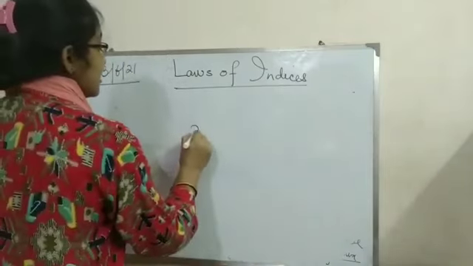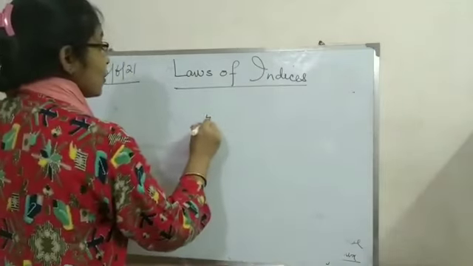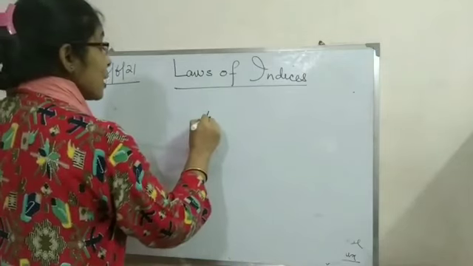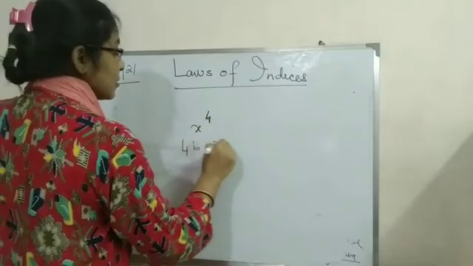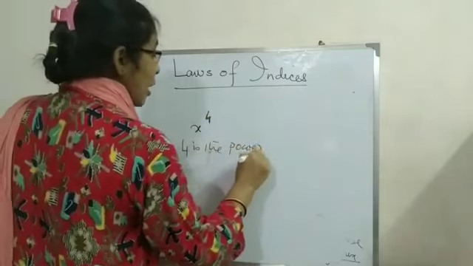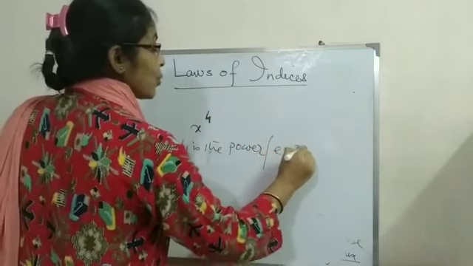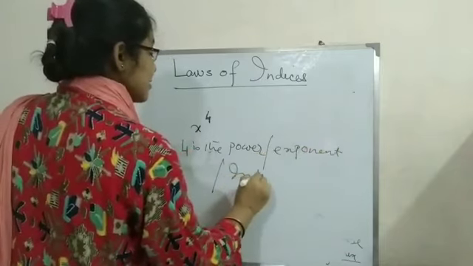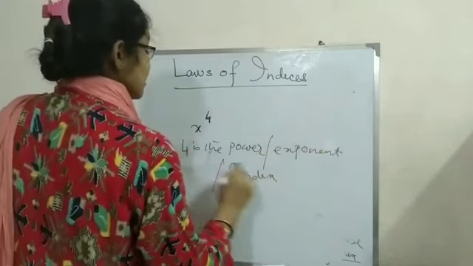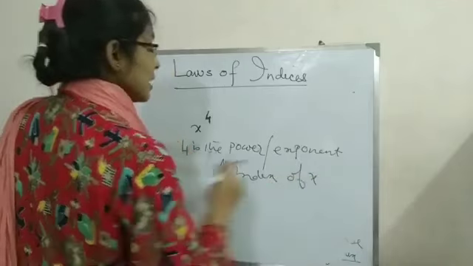If I write x to the power 4, here 4 is the power or exponent or index of x.